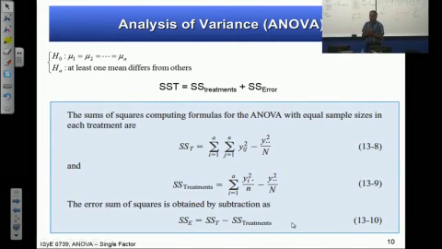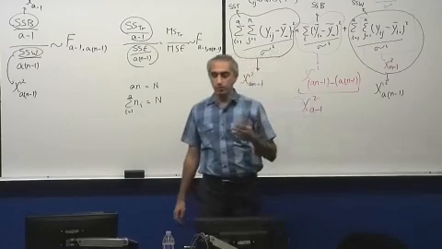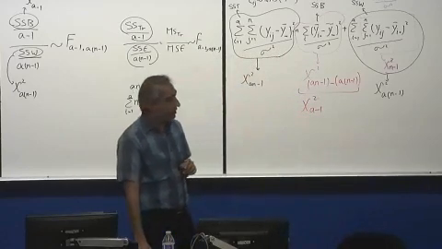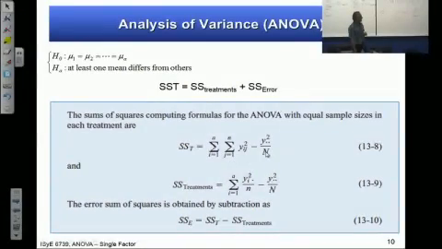So now how can we calculate the sum of squares? I already gave you a couple of equations. These are the equations for SST, SSP, and SSW, or SS treatment and SS error. However, these are easier to calculate. This equation is easier to compute. What it says is, just find the square of each variable, then subtract this quantity and add them up.